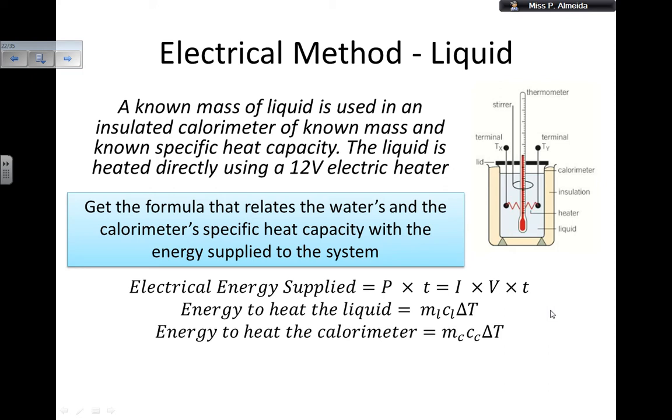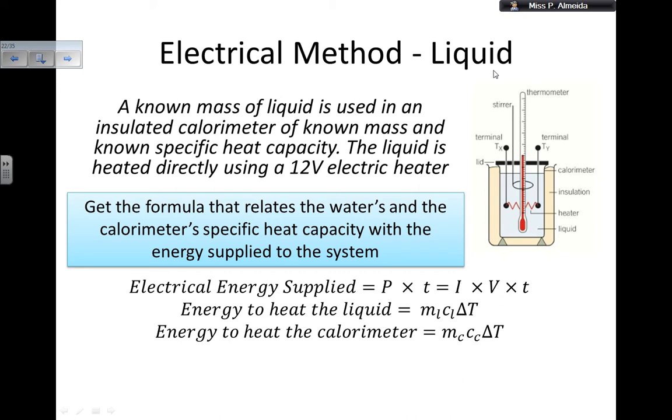Remember that the liquid is not just insulated, it's inside of a container, and this container is not made of the same thing as the liquid, so it has its own specific heat capacity. So my energy to heat up the calorimeter is the mass of it times the specific heat capacity of it, or the container, times the temperature change.